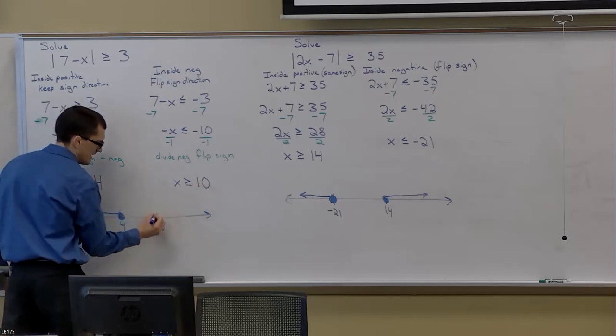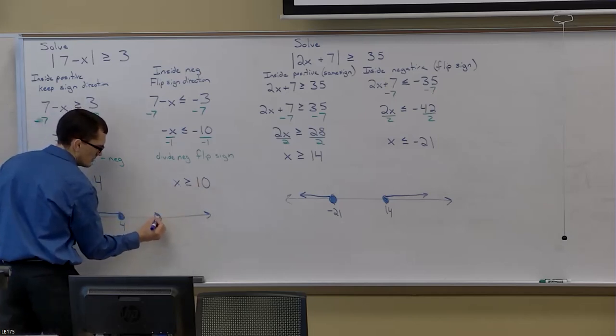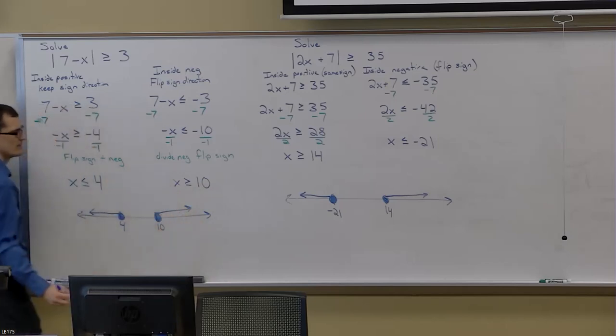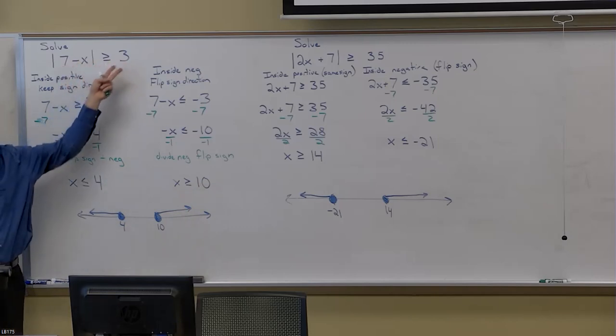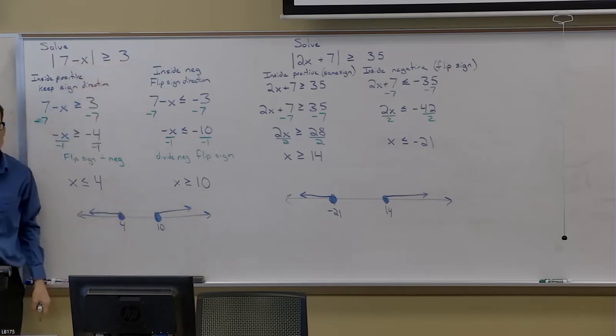Greater than or equal to 10, shade that circle in, pointing to the right. Once again, see how my absolute value was greater than a number? And we got the outside versions.